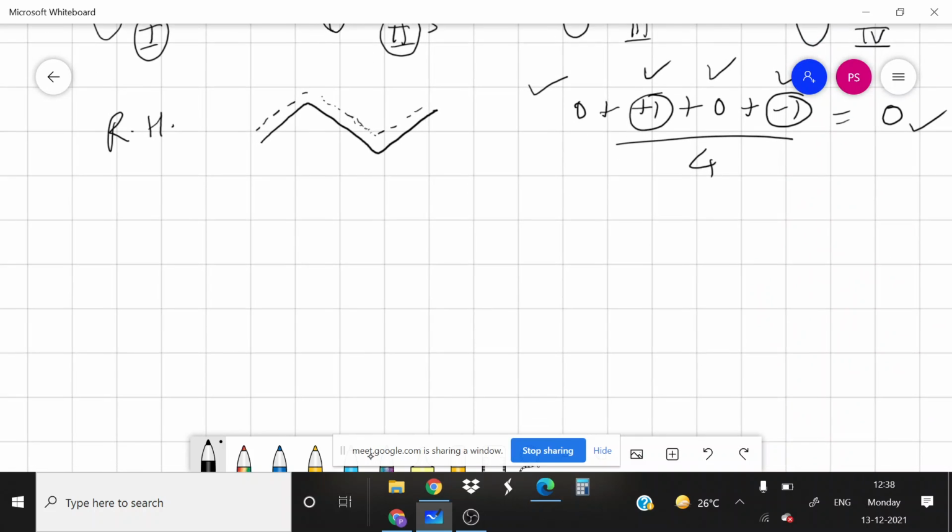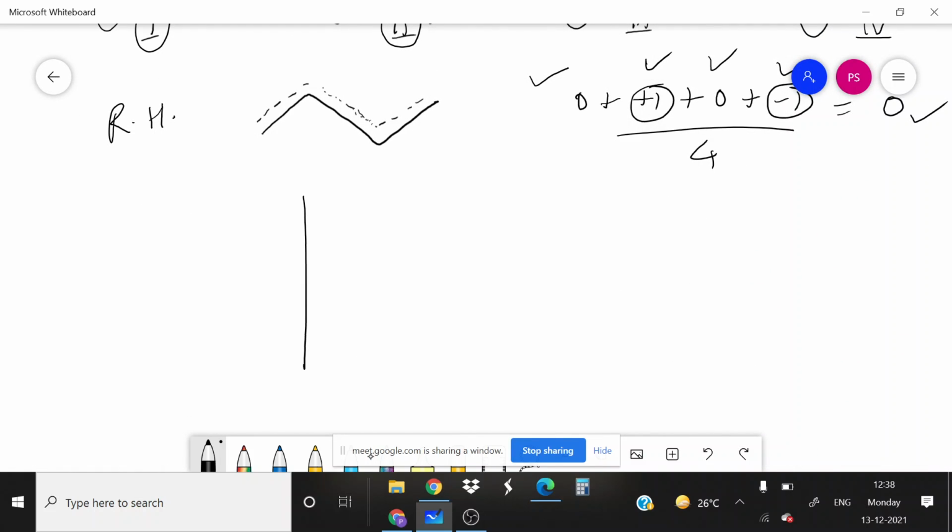Okay, so I will give you the energy profile diagram. This is the energy on the y-axis. Here it is positive, negative, equivalent, negative, positive.